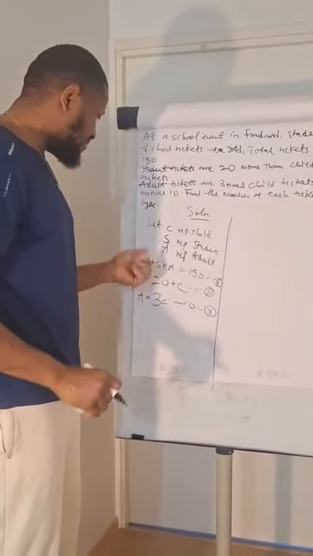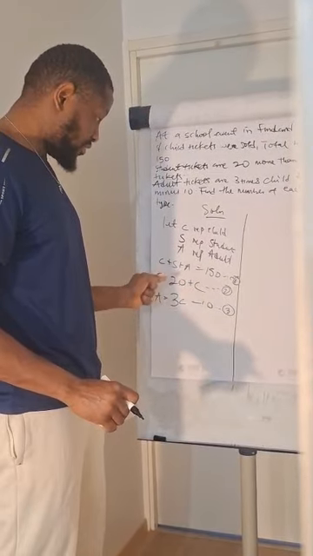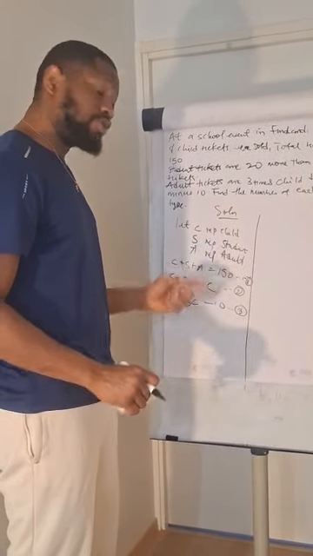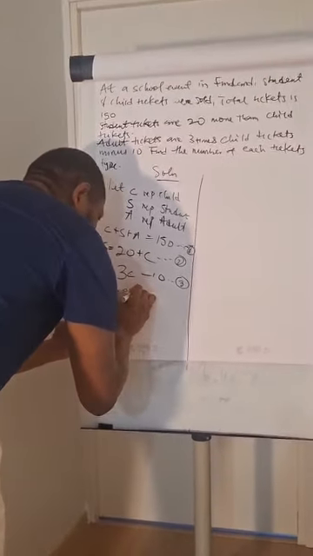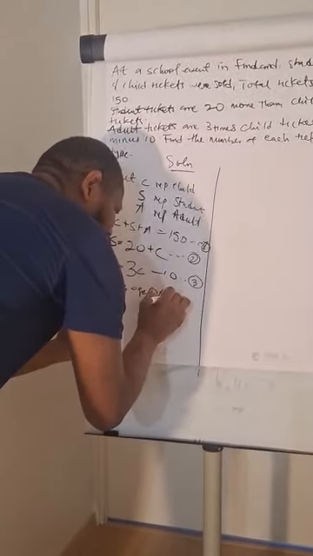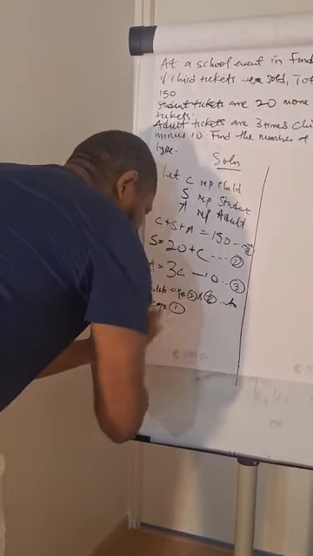So you already have C plus X plus A equals to 150. All you need to do is substitute equation 2 and 3 into equation 1.